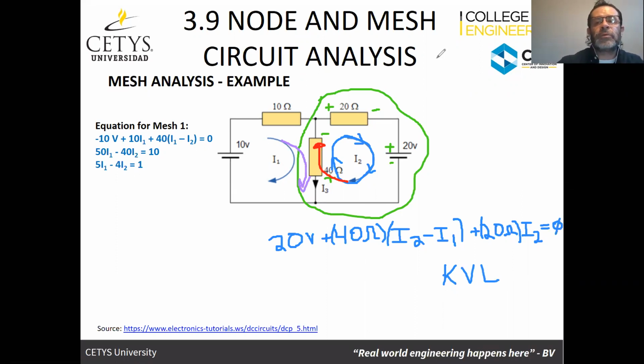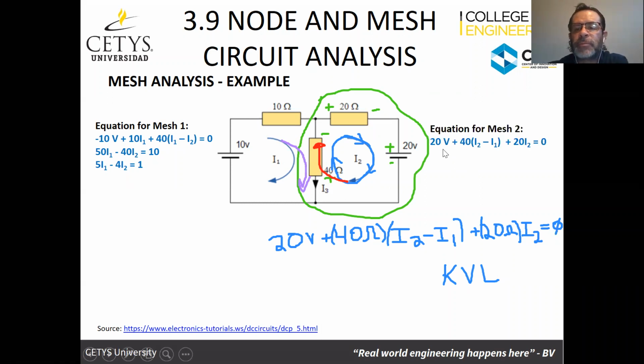And so that's what I've got here on the other side. For mesh 2, we're going to have this expression: 20 volts plus 40 times (I2 minus I1) plus 20 I2. We can multiply and simplify. 40 I1, 40 I2 plus 20 I2 is going to be 60, and the 20 volts, and everything multiplied by -1 is going to be 40 I1 minus 60 I2 equals 20.